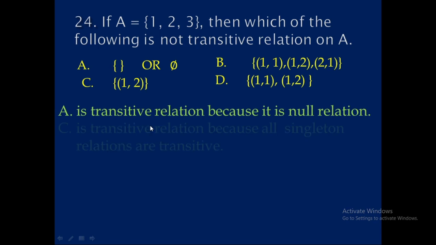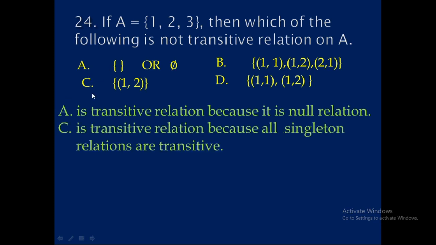Next, verify C. This is a very important result: a single-element relation is always transitive. (1,2) is said to be a trivial relation. It is transitive because all single-element relations are always transitive.